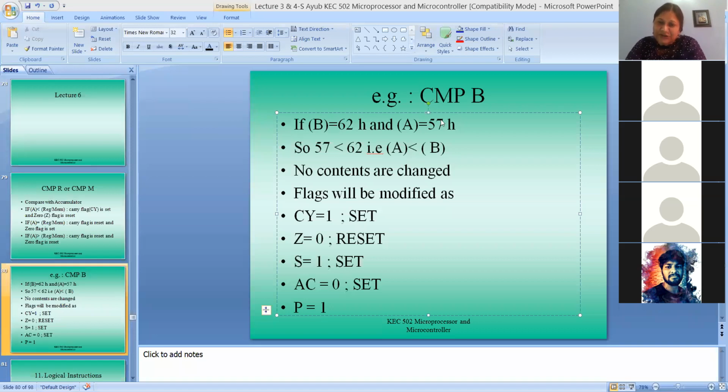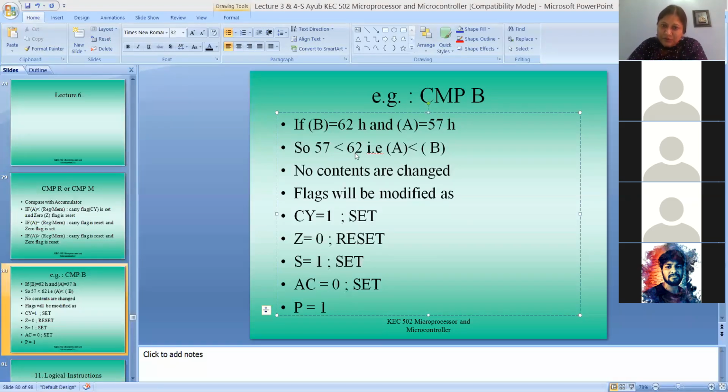You have 00 to FF numbers, which means altogether 256 numbers. But if you want to work with positive and negative numbers, you do not have the option of putting a sign, because there is no such register which will contain the sign minus.